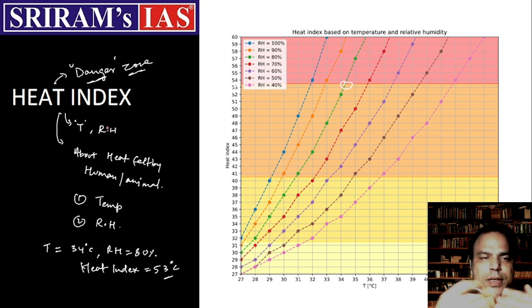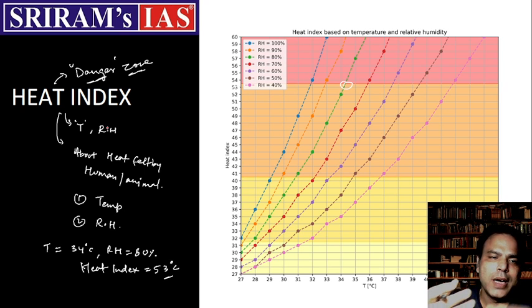But the heat of the human body or any animal body gets regulated by evaporation, by sweating. But due to high humidity, evaporation does not take place much, so sweat remains on the body and cooling does not take place. As a result, the internal temperature within the body increases, and that concept is called the heat index.